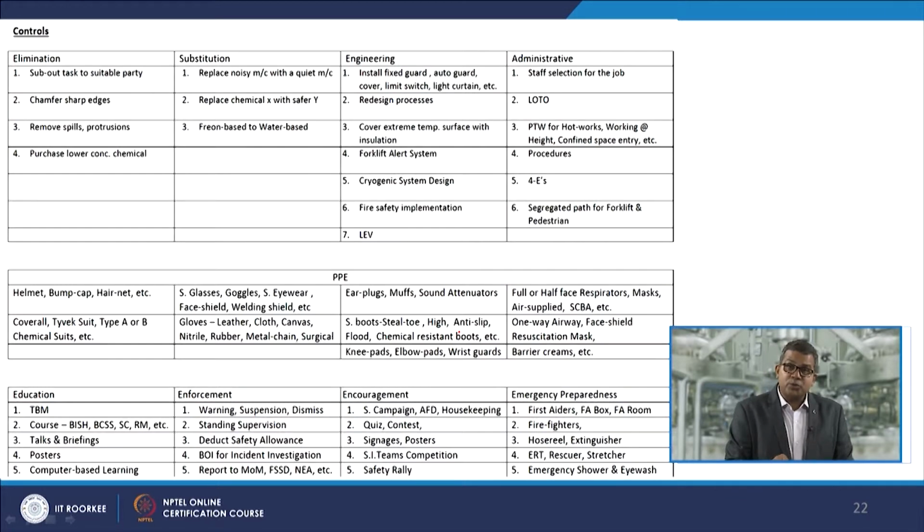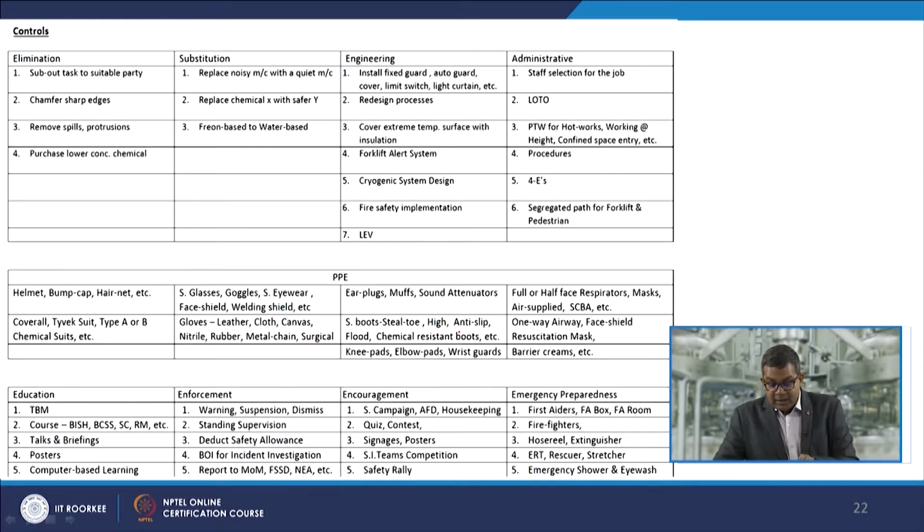Now, how to use those PPEs is again the question, and those control measures and personal protective equipment need to be properly explained. As a managerial aspect, they must ensure through enforcement that everybody uses all these protocols.